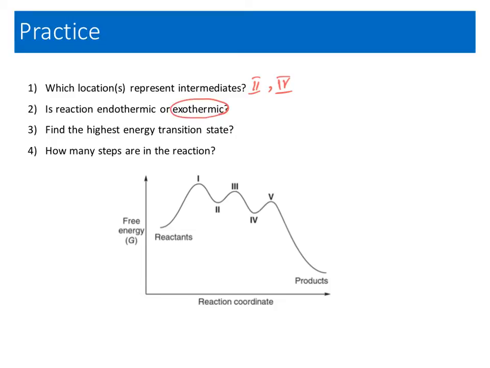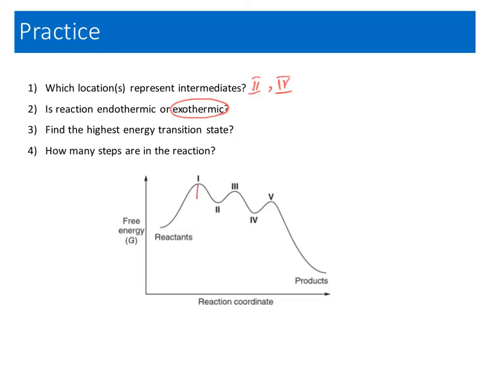The third question is asking to find the highest energy transition state here. To answer this question, the highest energy transition state is the one that has the highest activation energy. The first step, which is this one, the activation energy starts from the reactant to the transition state.